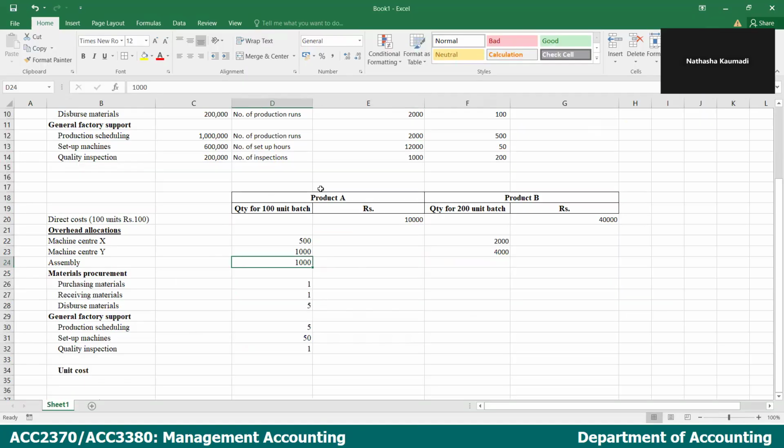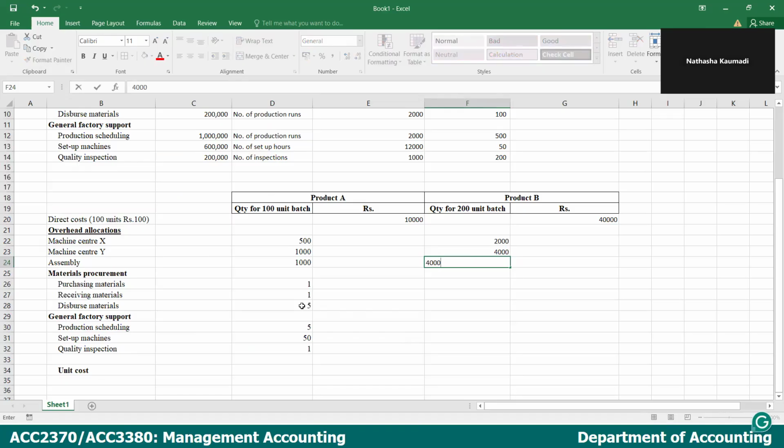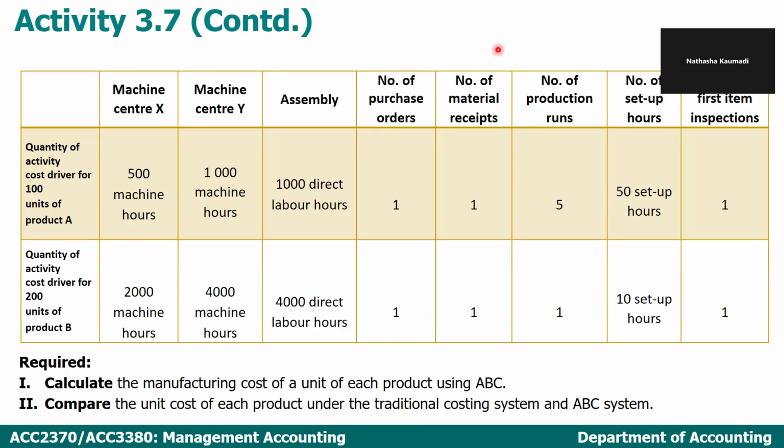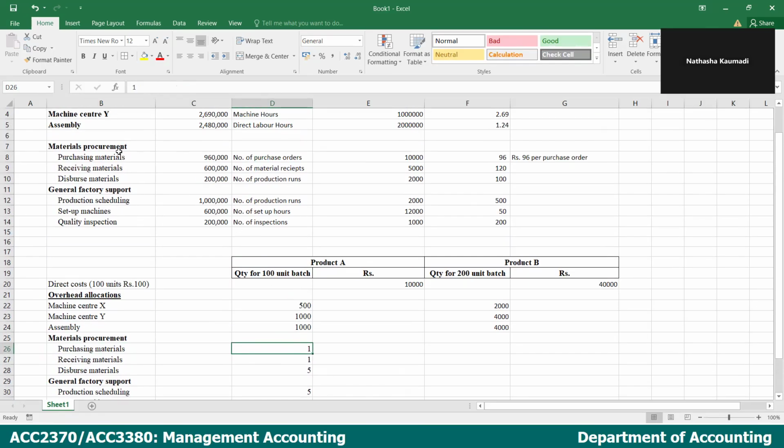Assembly, 1000 direct labor hours. Here, 4000 direct labor hours. And then look at the purchase orders, material receipts, production runs and everything. Here, I'm not just writing the cost driver wise. I'm writing activity wise. That is easy now. Purchasing materials. Now, what is the driver for purchasing materials?